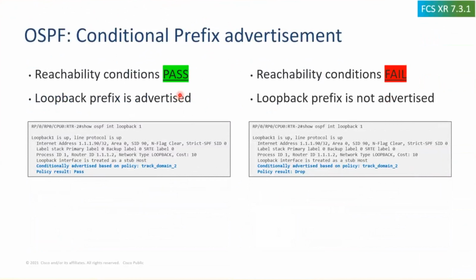On the left-hand side, you have an example where the reachability conditions are met, and you can see the output of the show OSPF interface for the loopback that it has a conditional advertisement RPL. We can see that the policy results are passed, therefore the prefix is advertised. On the right-hand side, the conditions fail, and as an outcome, the prefix will not be advertised.